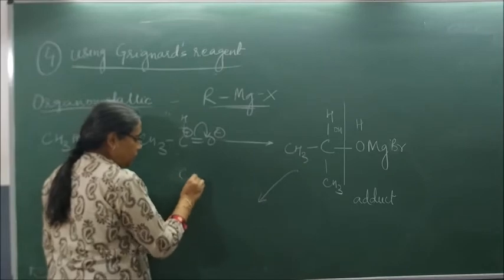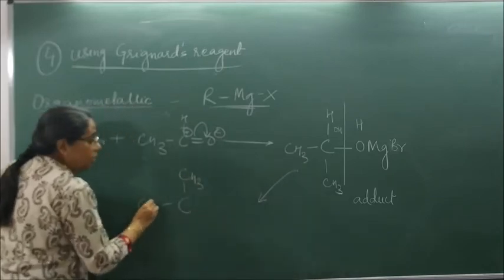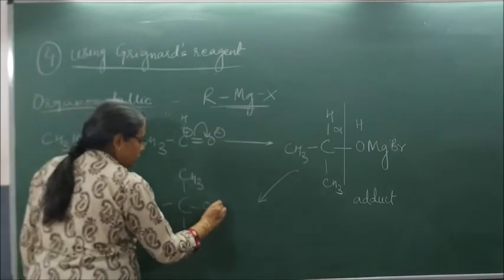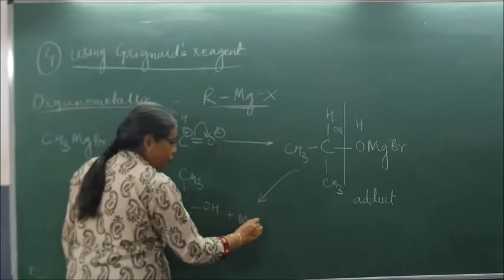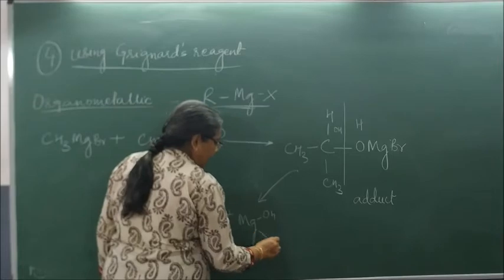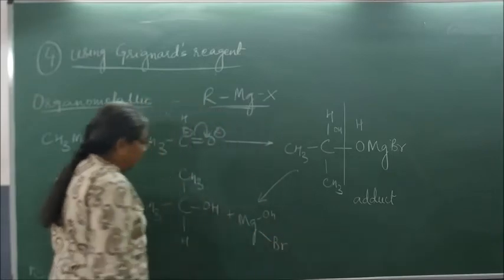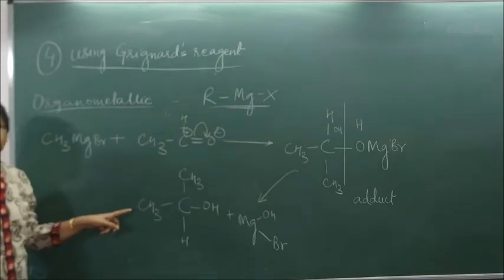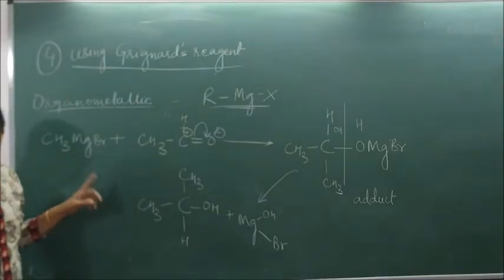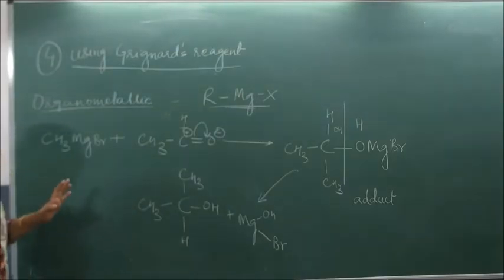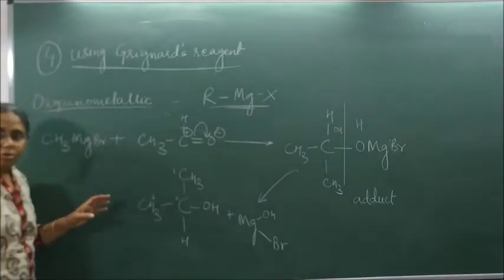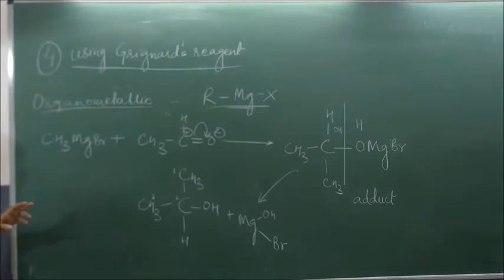You have C, CH3, CH3, H and OH plus what you get? Mg, OH and Br. This is a carbon which has two alkyl groups attached to it. So called what alcohol? Secondary alcohol. Now the name: 1, 2, 3, so called as what? Propan-2-ol. Understood till here?